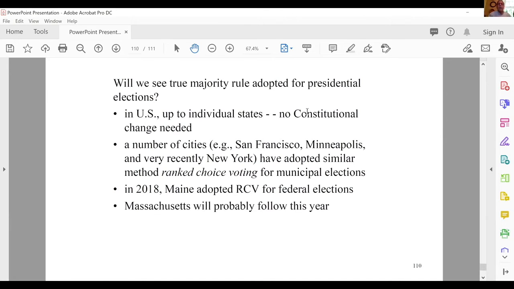And there's a good chance that Massachusetts will be adopting ranked choice voting this year. It's going to be on the ballot in Massachusetts in November. So I think we're moving in the right direction, and I'm optimistic about the future.